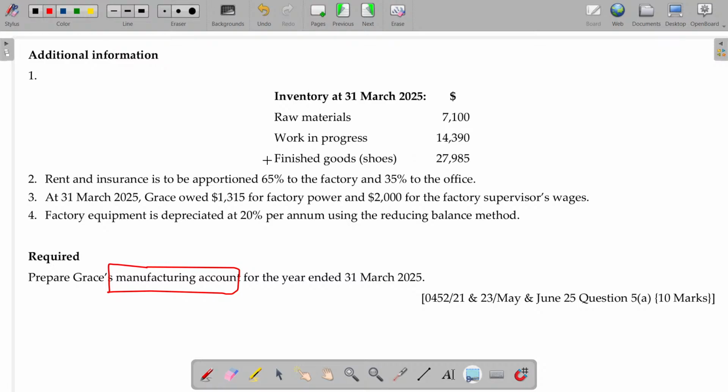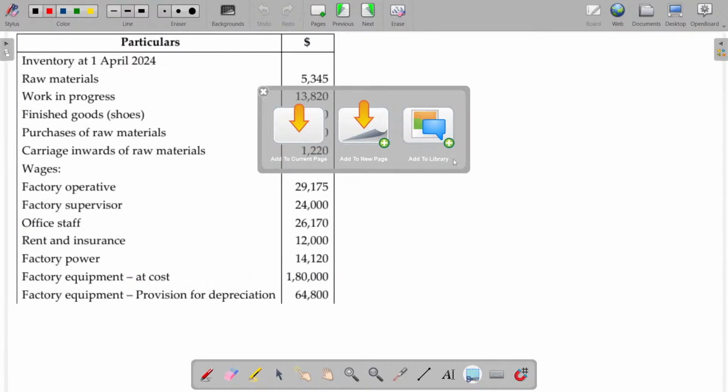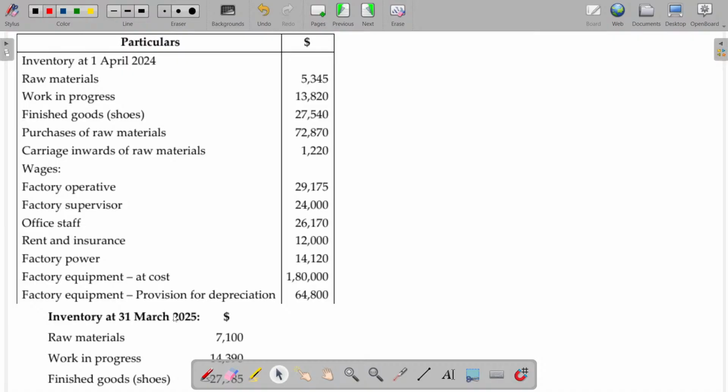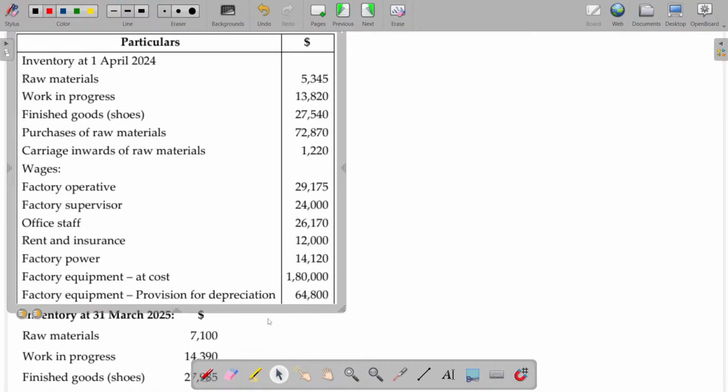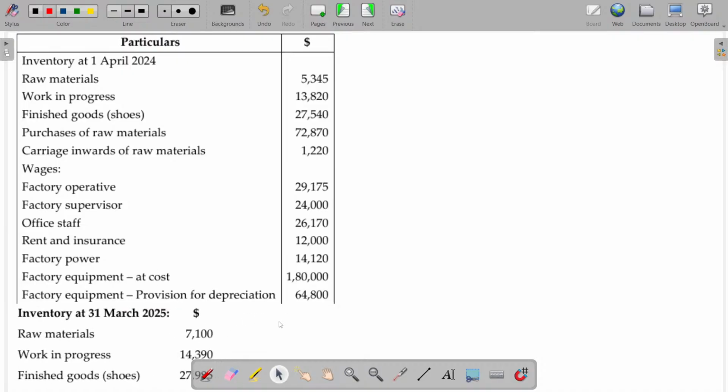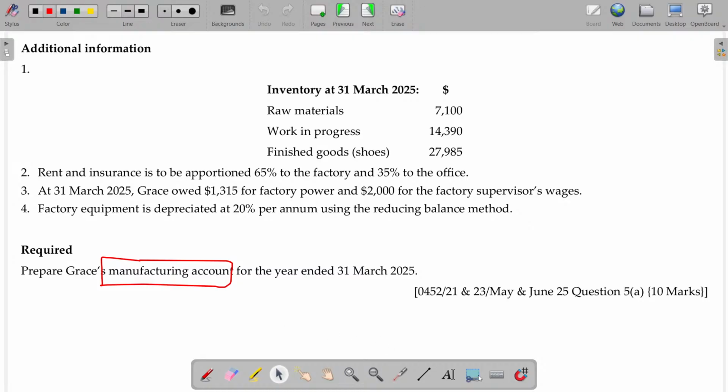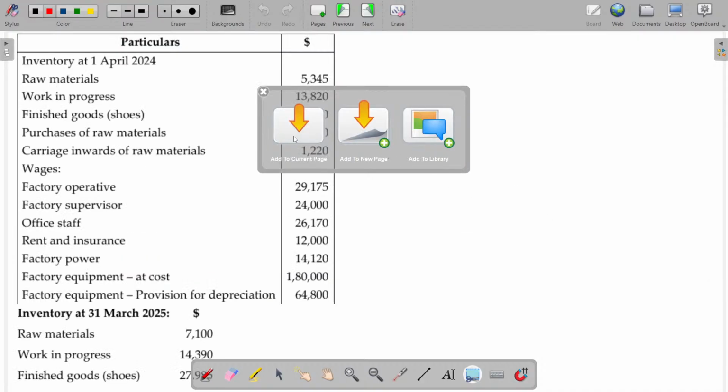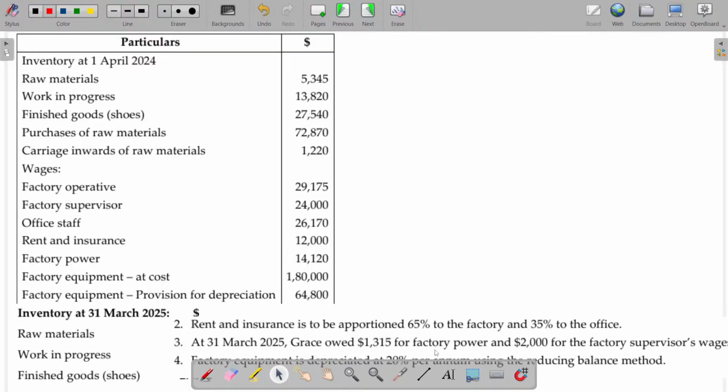And we have been given inventories also. As he is the manufacturer, he will have three kinds of inventories: raw material, work in progress, finished goods. And apart from that, three more adjustments are given here. I have to incorporate all these things.